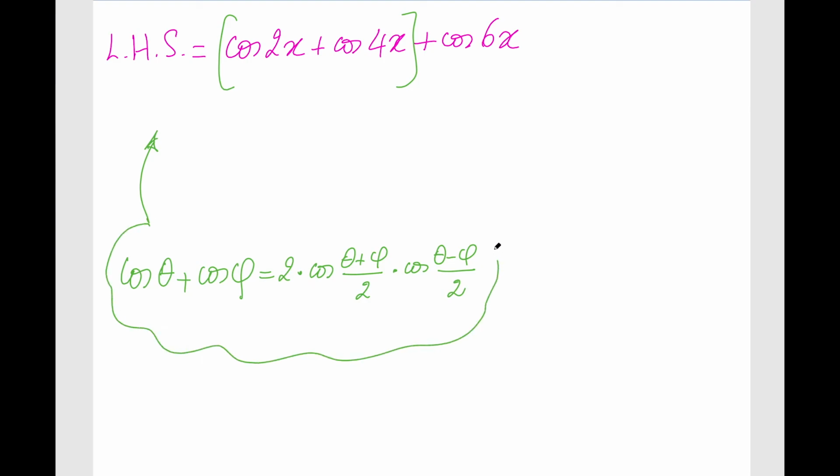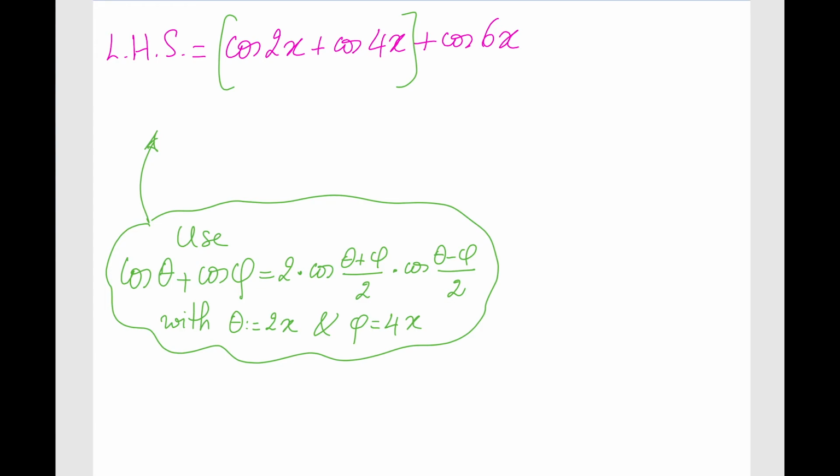So I'm using this. Let's be specific about what theta and phi are. Theta is the angle that cosine is acting on, so that's 2x. And phi is the angle that the other cosine is acting on, which is 4x. Again, you could have taken it the other way because addition is commutative. That's fine.